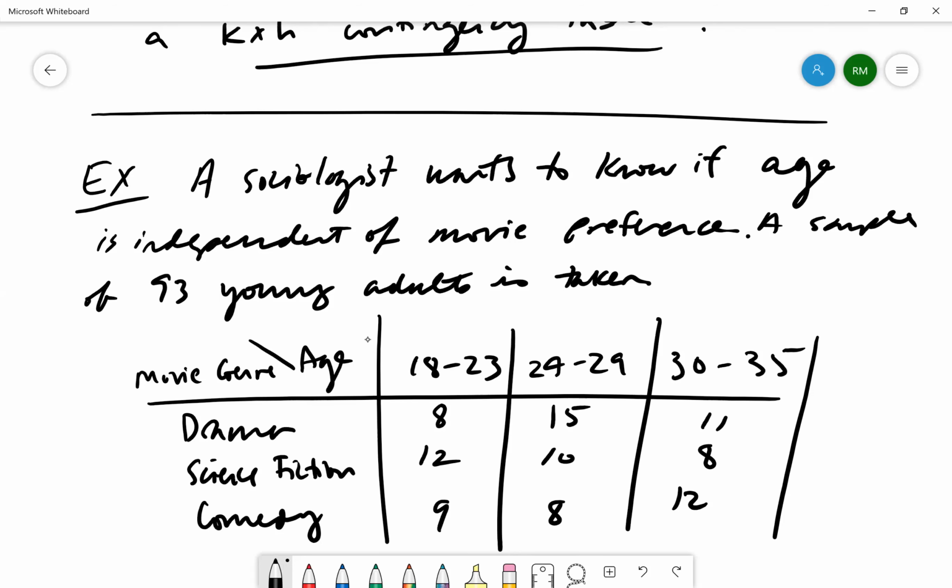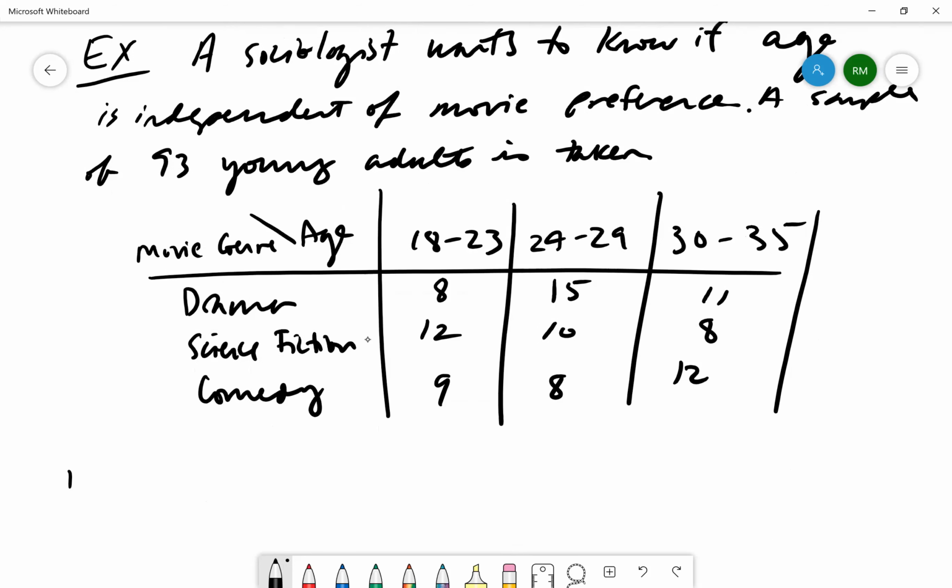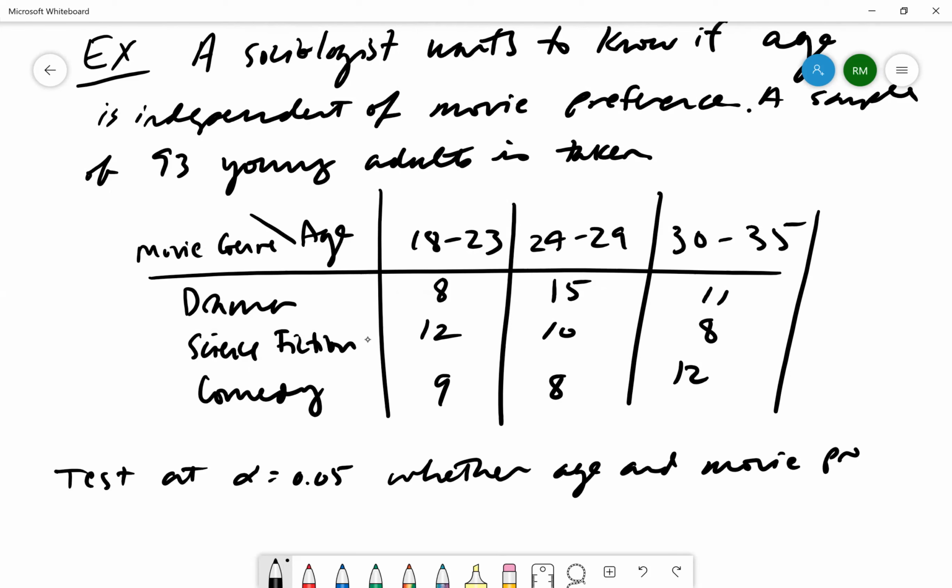So we're going to test, at the 5% significance level, whether age and movie preference are independent. Okay, so let's find out.